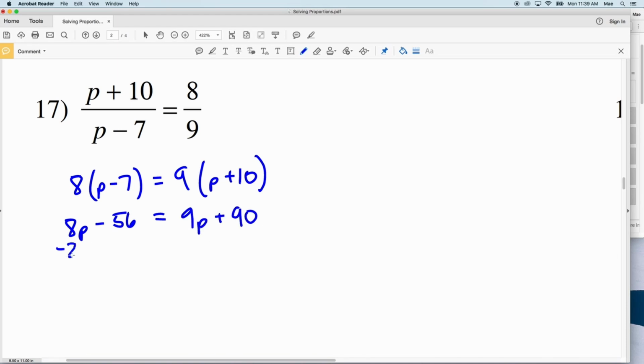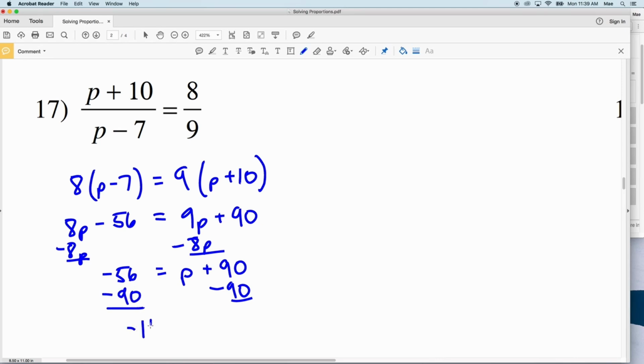I'm going to subtract 8p from both sides to get that negative 56 equals p plus 90, and then I'm going to subtract 90 from both sides to get that negative 146 equals p. And that's the answer for number 17.